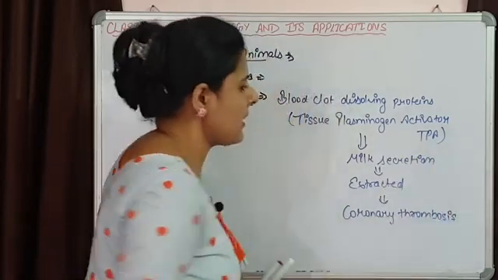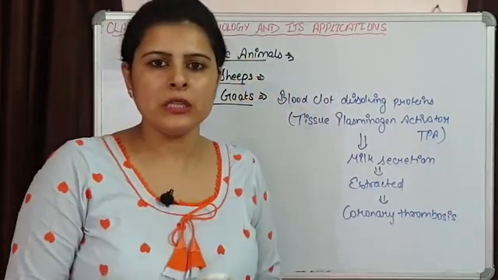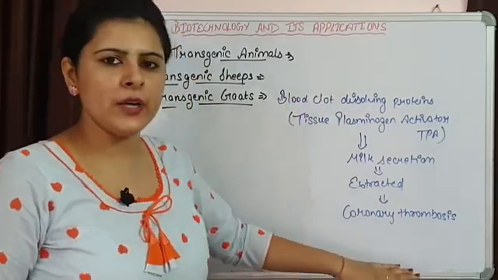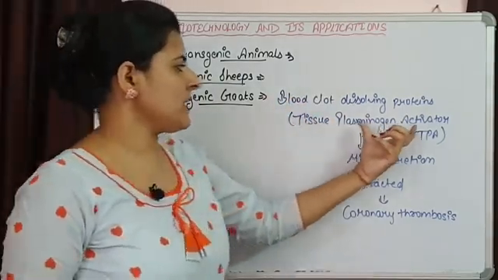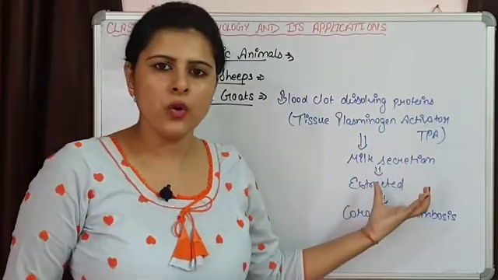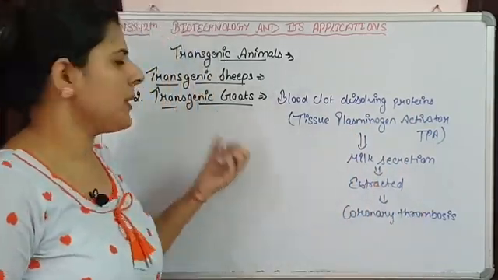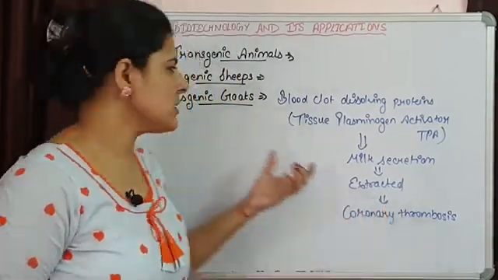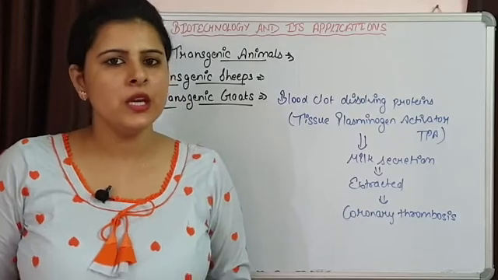These persons have a blood clot in their coronary artery. So, for the dissolution of that blood clot, this tissue plasminogen activator is extracted from the milk of the goat and given to the person suffering from this condition. So, this is how the transgenic goat is being used.